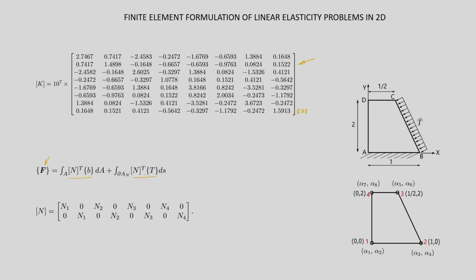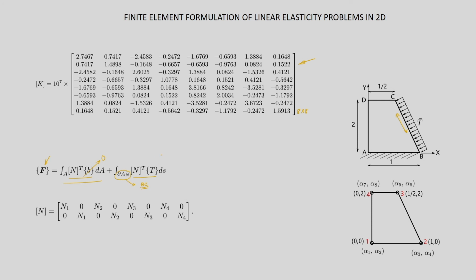In this particular problem only the edge BC is subjected to traction, alright. So this integral over the Neumann boundary is to be calculated only over the edge BC. All other edges we do not have to calculate. And moreover, since the body force is not specified, the first term will turn out to be 0, so we do not have to calculate that.